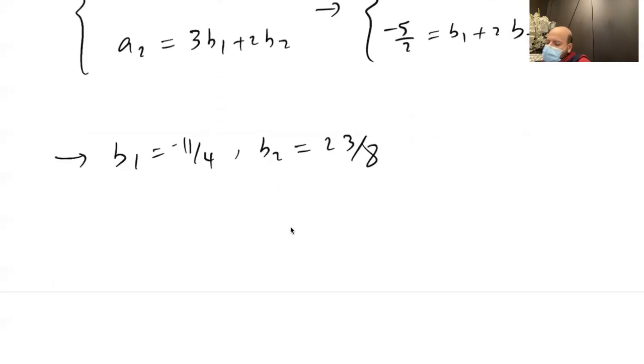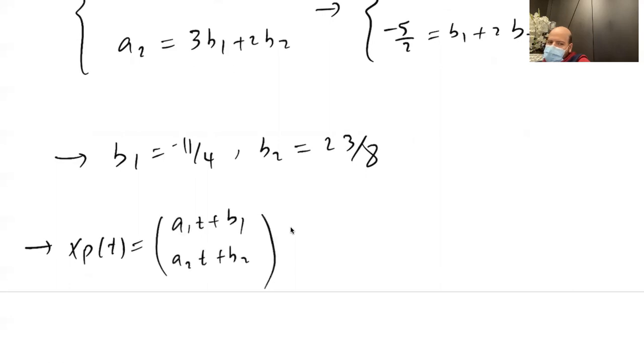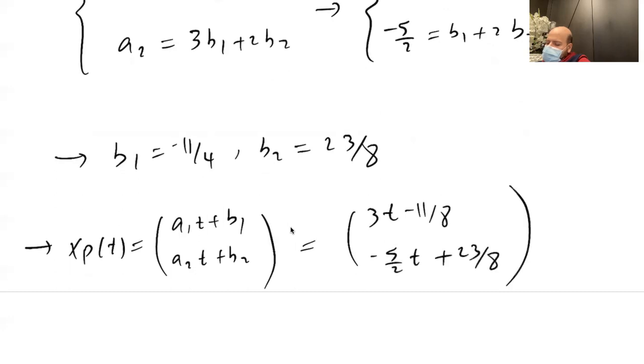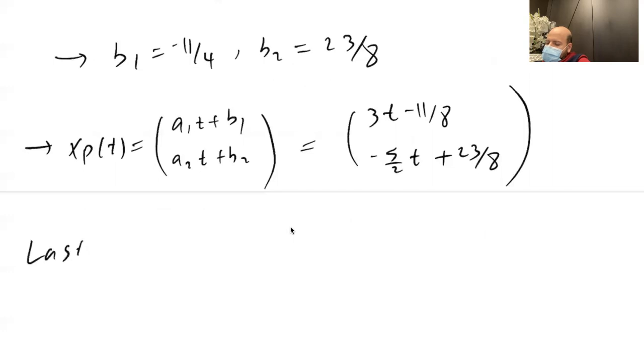So then the particular solution will be xp of t was, if you remember, a1t plus b1, a2t plus b2. So that will be 3t minus 11 over 4 and minus 5 over 2 t plus 23 over 8. So this is xp. And lastly, the general solution can be written as x equals xc plus xp.